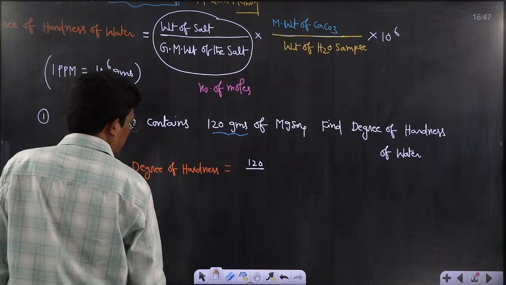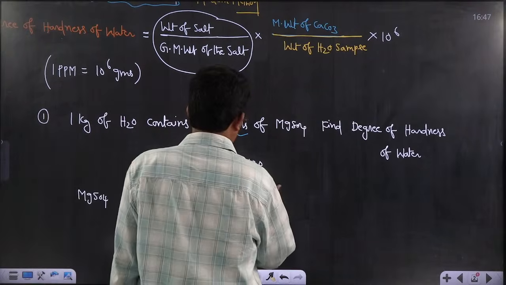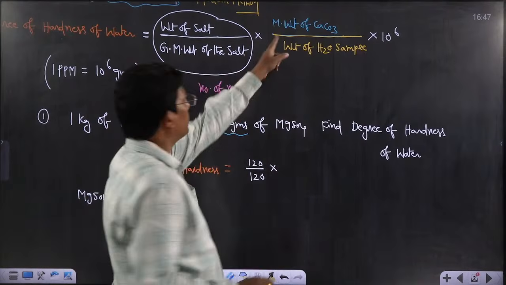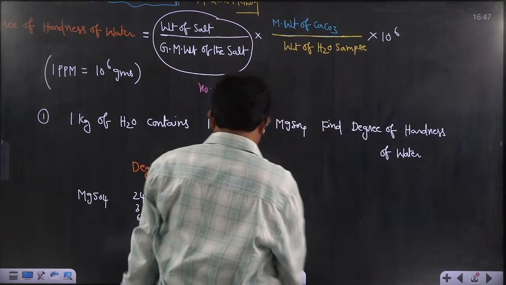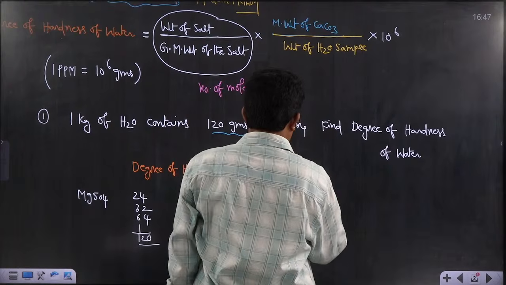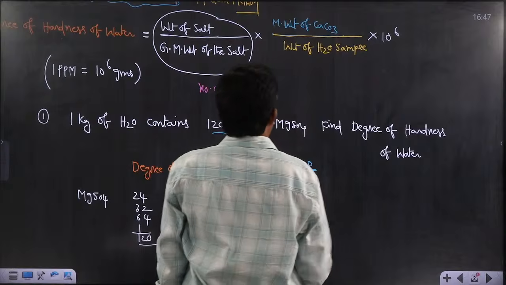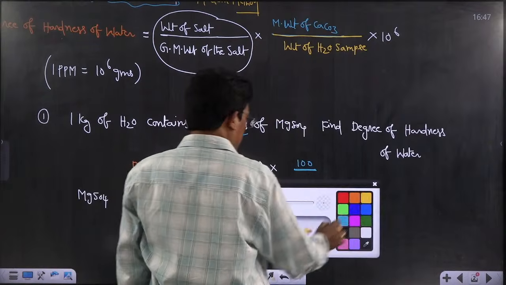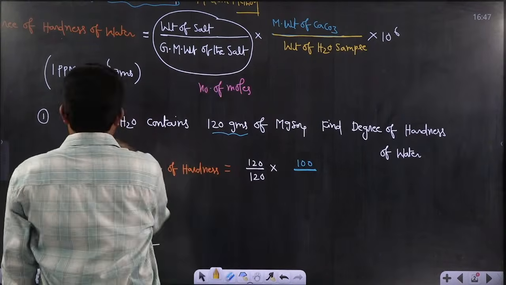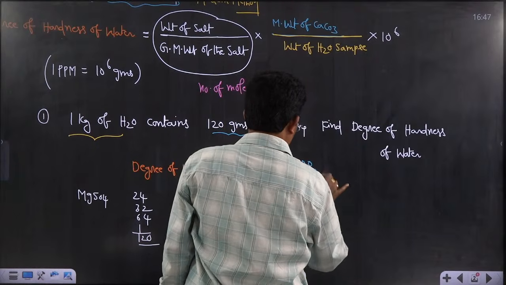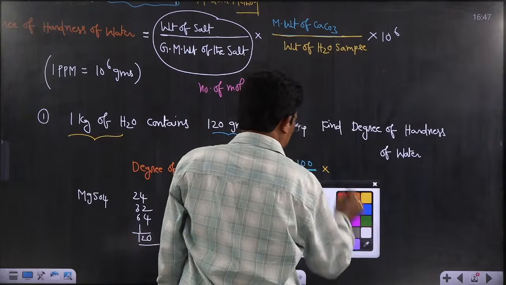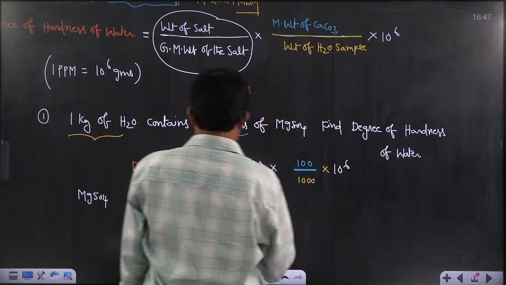It is also 120. Multiplied with the molecular weight of calcium carbonate, which is a fixed value, 100, divided by the weight of water. 1 kg water is given. 1 kg means 1000 grams, multiplied with ppm 10 power 6.